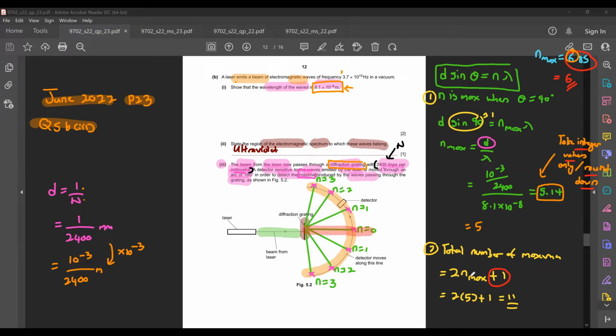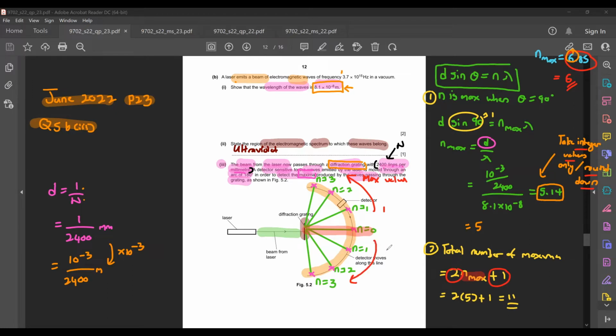When you are finding the N max, you are finding only for one side. You see, from here to here, it will go from 1 to a max value. So in my case, for the question, it was going from 1 to 5. But then after that, why is there a 2 in the first place? It's because there's a same repeating pattern on the other side of the center line.